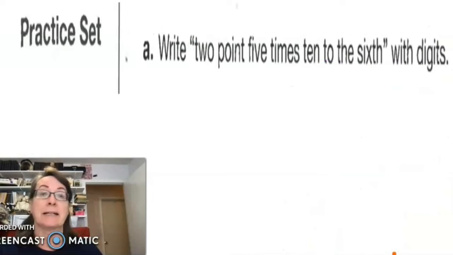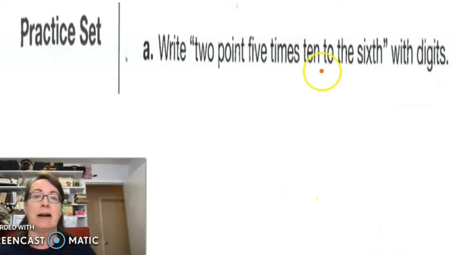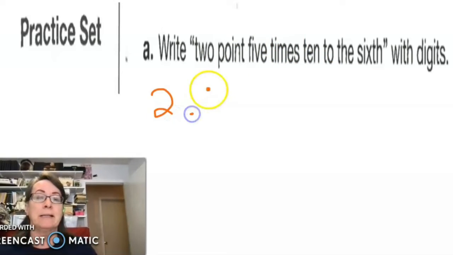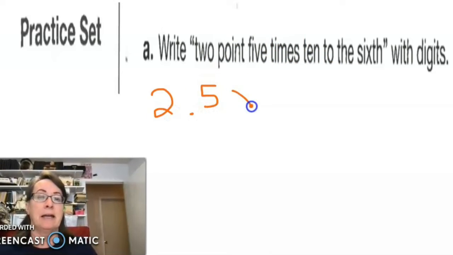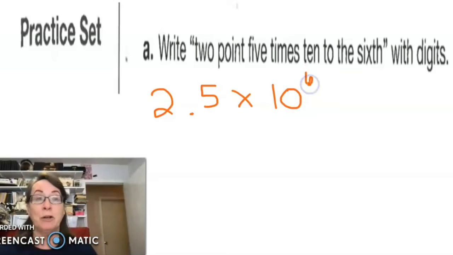So let's look at the practice. Write 2.5 times 10 to the 6th with digits. First let's write it in scientific notation: 2.5 times 10 to the 6th. Now we're going to write it with digits, which means writing it in standard form.